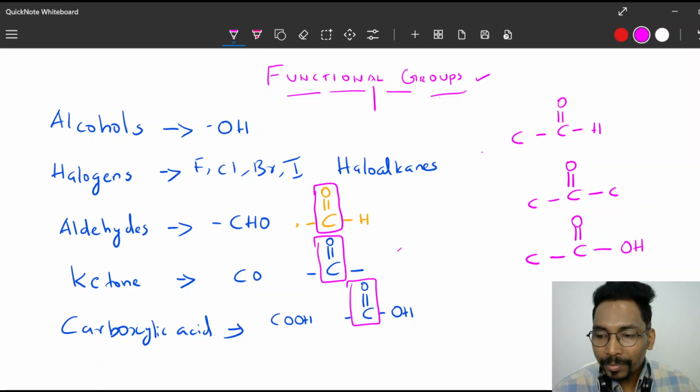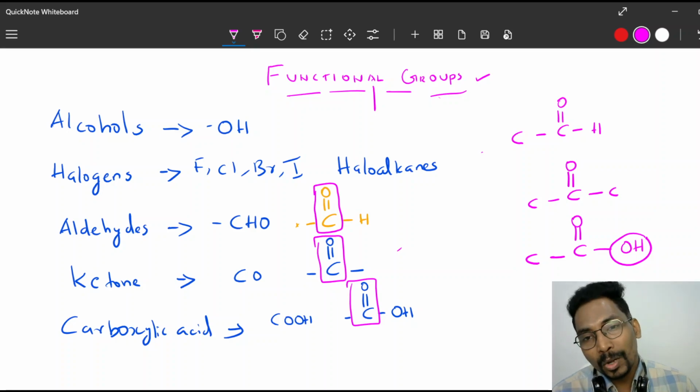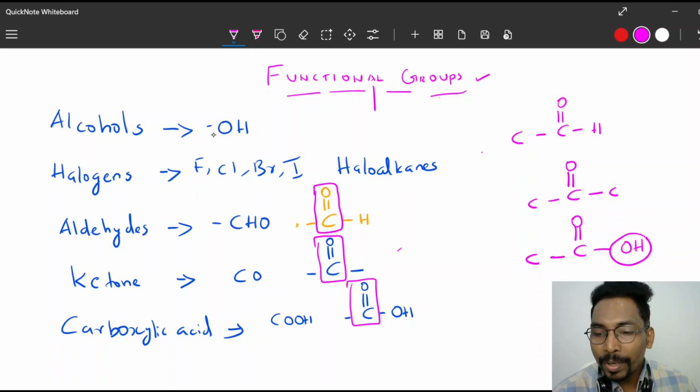One more chance of confusion: by looking at this OH group, some students will write that it is alcohol. Alcohol means the OH group is directly connected to the carbon chain.